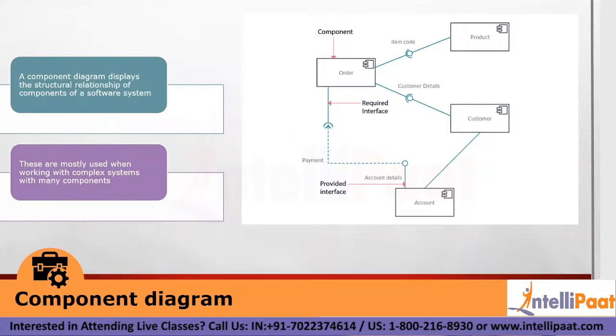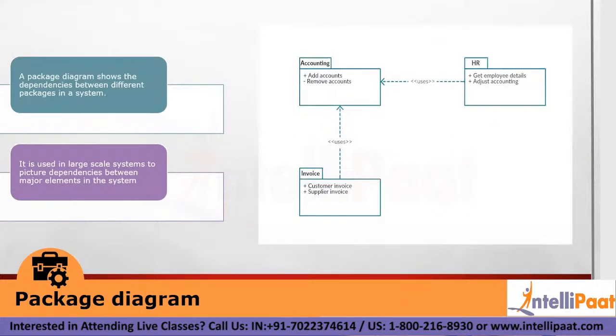So the more complex the system, the better it can be explained using a component diagram, showing the various structural relationships between these various components. It's a very macro level. It's not granular. On a high level, you can get a picture of how each of these components interact with each other. Let's move to the next one.